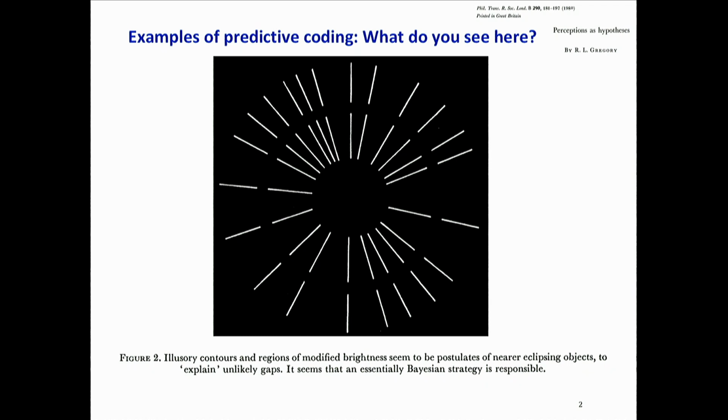It's as if this was one white line and there was a kind of black ring obscuring the white lines at a particular point. And what he also writes is, it seems that an essentially Bayesian strategy is responsible. How can we interpret that? What is Bayesian about this?